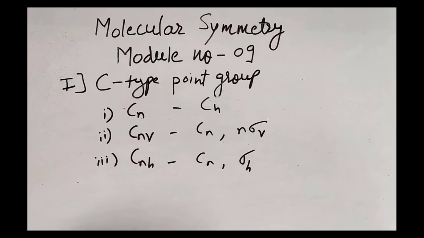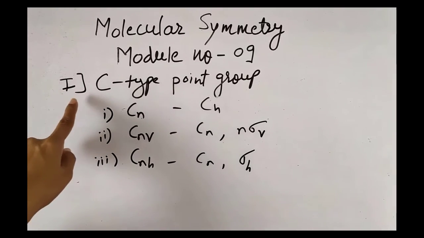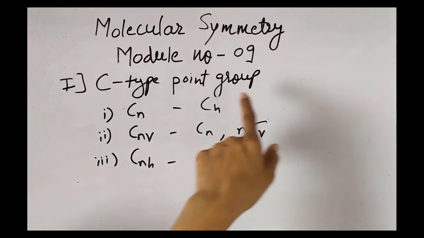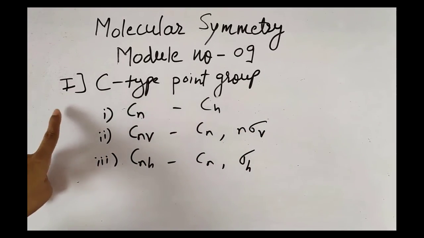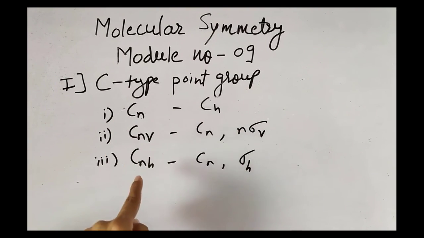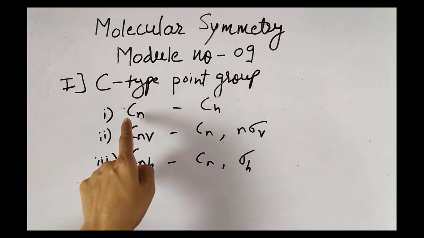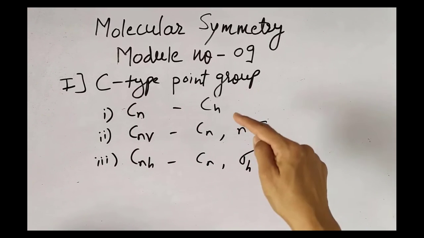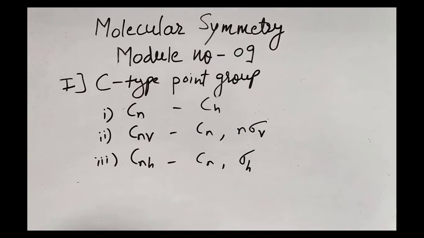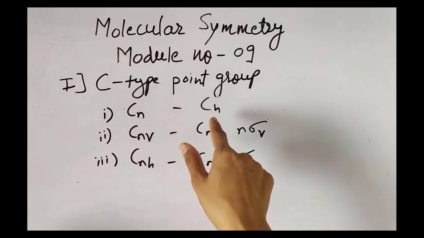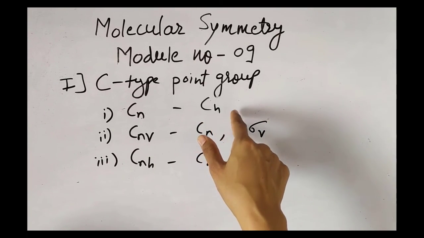So this was the first type of point group. We have completed the C type of point group, and there are 3 subtypes in this first group: Cn, Cnv, Cnh. Cn contains only one rotational axis, that is Cn. There is no other plane, nothing. Only identity and one rotational axis is present in that molecule.